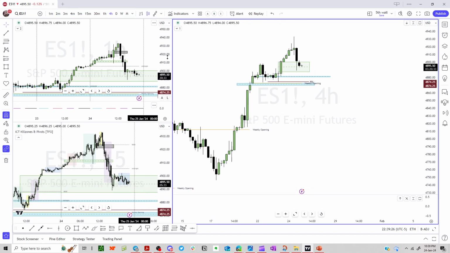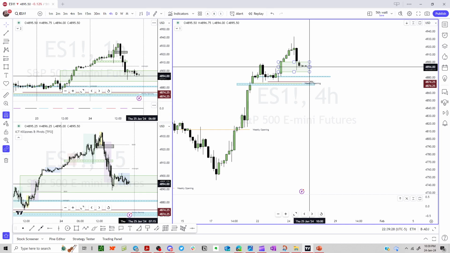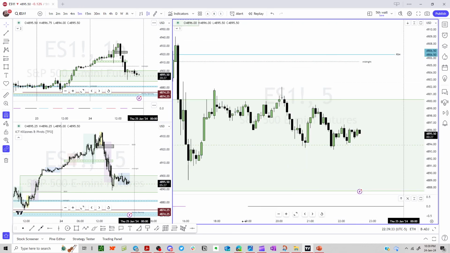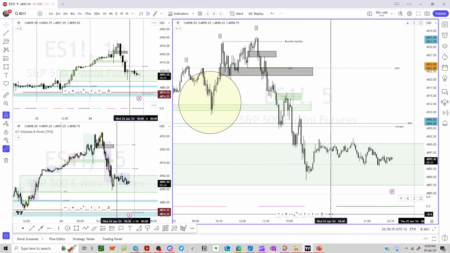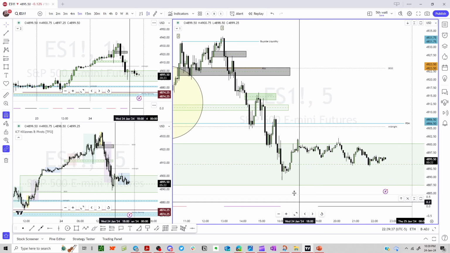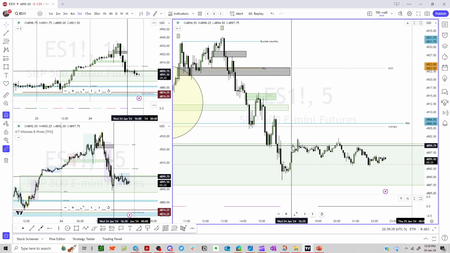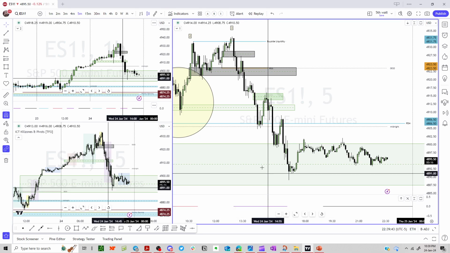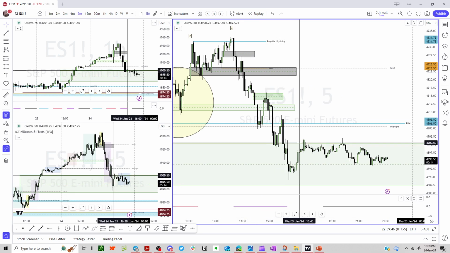Yeah. And it's holding above consequent encroachment at this moment. So technically this is a trade here. So I would look for this to be broken.